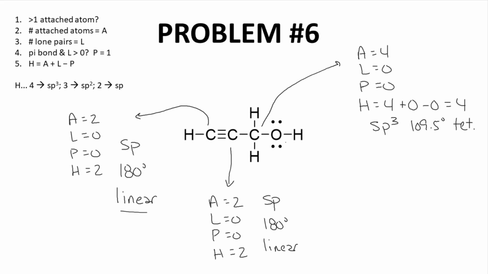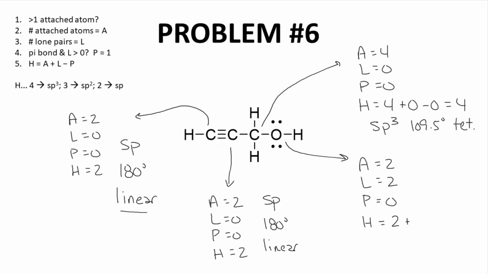Okay, finally, let's take care of this oxygen. This oxygen is attached to 2 other atoms. It does have 2 lone pairs. Now for P, it has lone pairs, but it's not attached to the double bond atoms. It's one too far away. So P is still equal to 0.